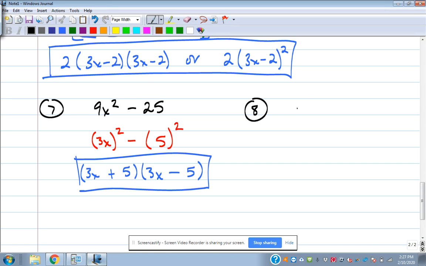Let's try this one. 16x squared minus 49.